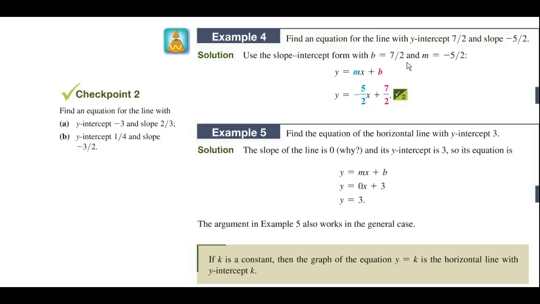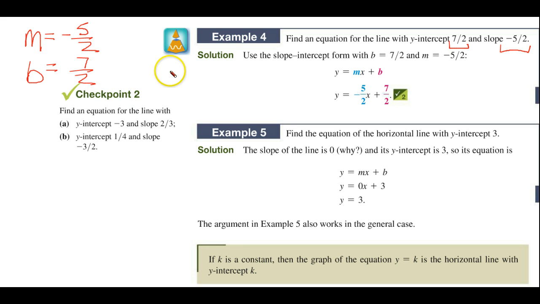Now, some of the examples you might get on your math lab preparation is to write an equation in slope-intercept form if you know the slope and the y-intercept. So remember, the slope would be m, and they're saying the slope here is a negative 5/2, and the y-intercept they're saying is 7/2.